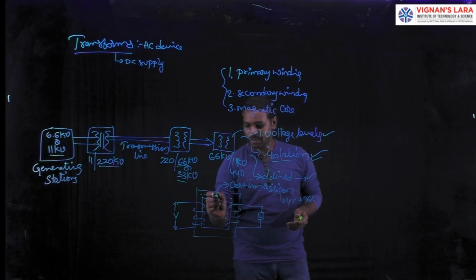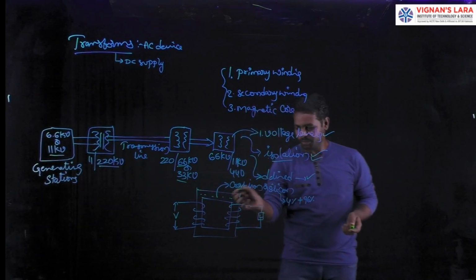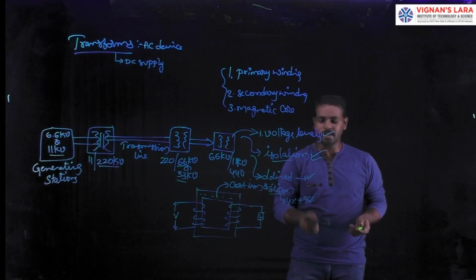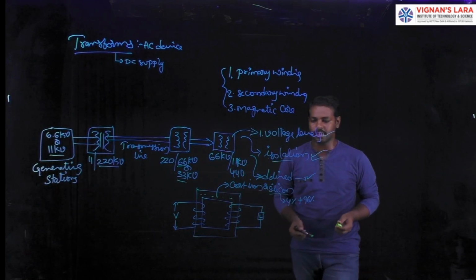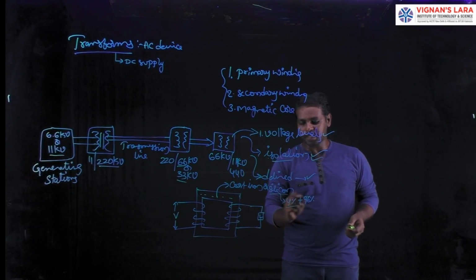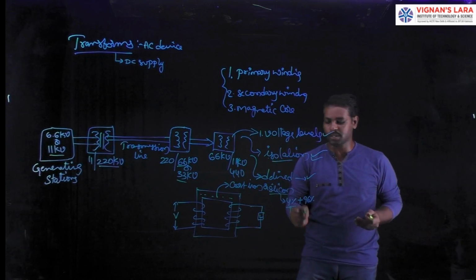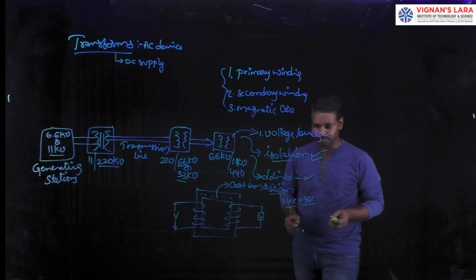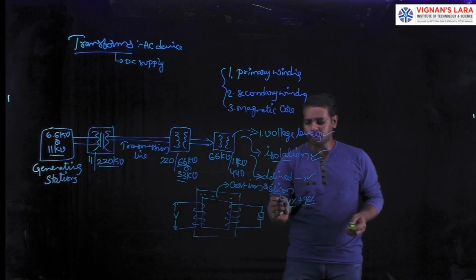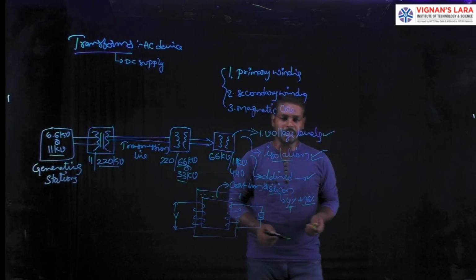Because of this reduction of hysteresis loss, we always use silicon steel laminations. Silicon steel is 4% silicon only because the cost of silicon is very high compared to iron, so it is 96% iron and 4% silicon. This mixture is used as the magnetic core in a transformer.